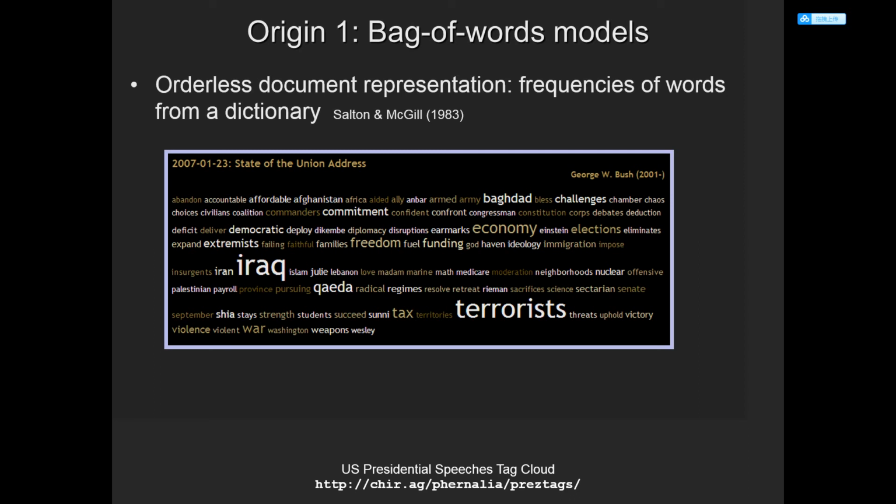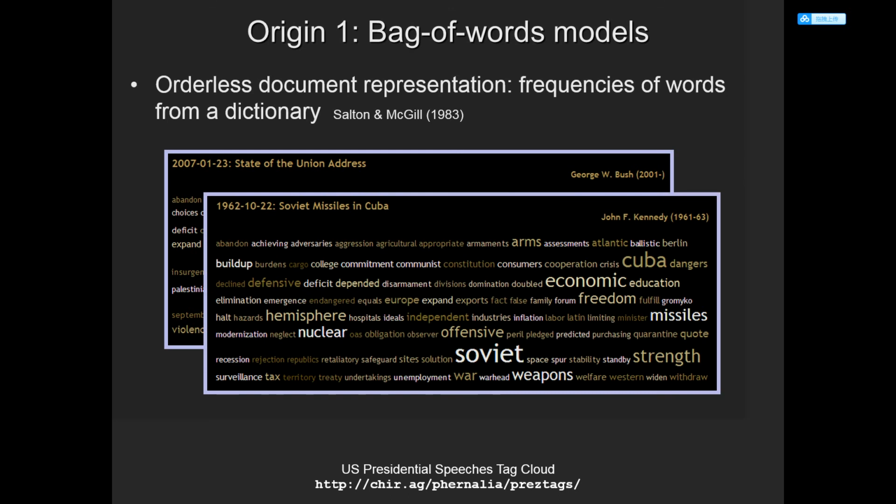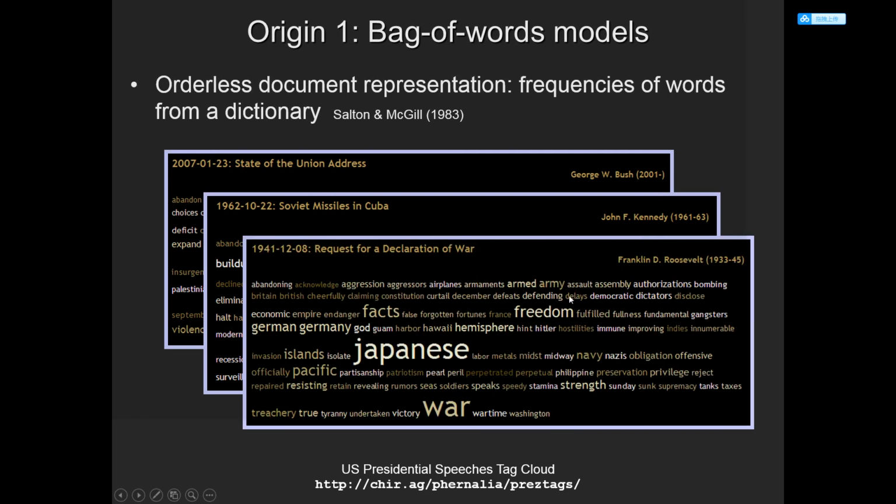Iraq and terrorists most likely is George W. Bush. A lot about Soviet nuclear weapons is the Kennedy era. A lot about the Japanese war and so on is the Roosevelt time, the Second World War.